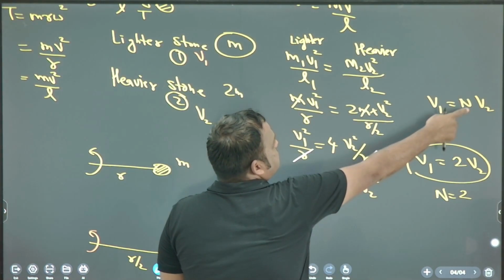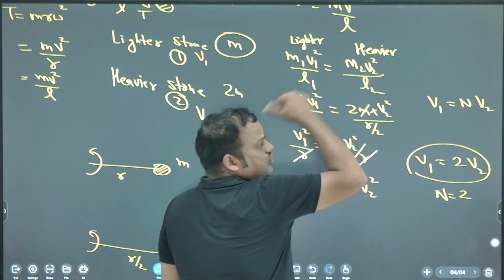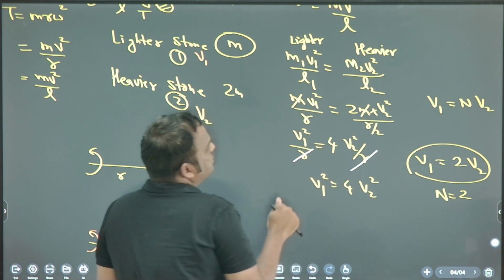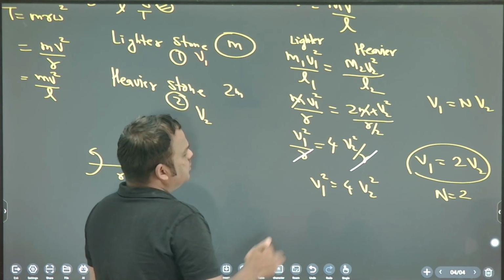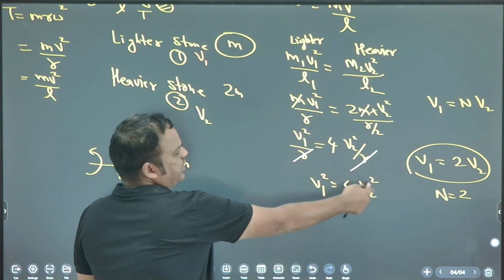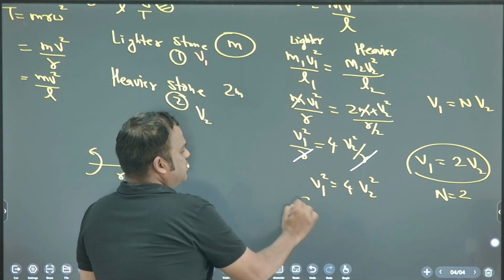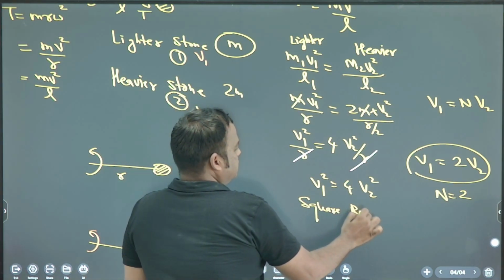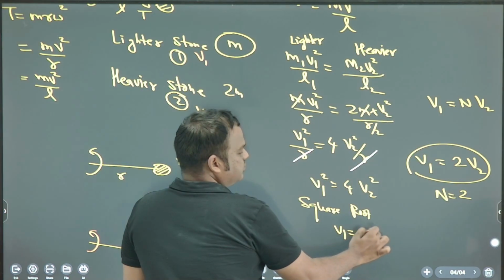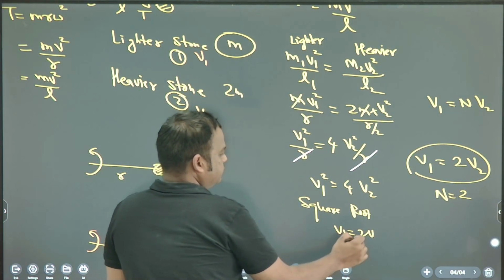V1 is n times V2. No, V1 square is 4 V2 square. Now if you take the square root, what do you get? V1 is equal to 2V2.